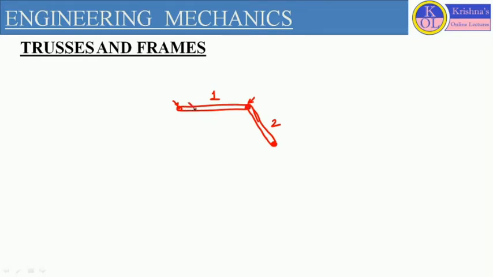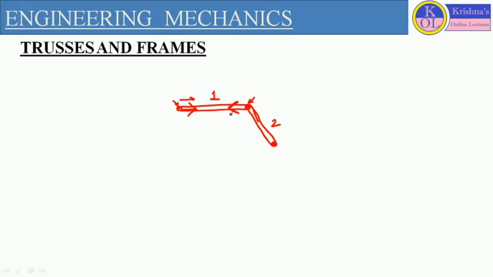If we are considering tensile loading on the end like this, the loading is in the form of tension from the end of the bar. This particular loading is called tensile loading on the bar, and this loading should be at both ends of the bar.